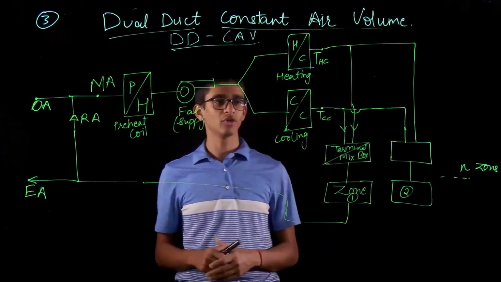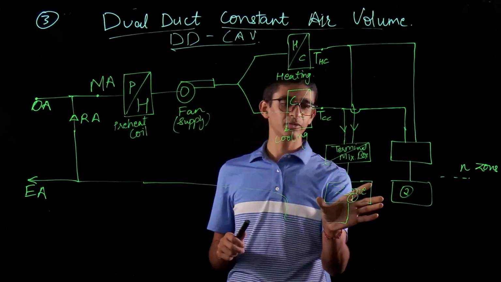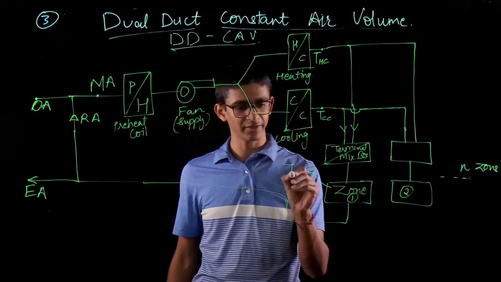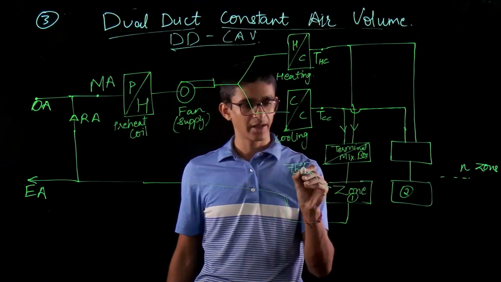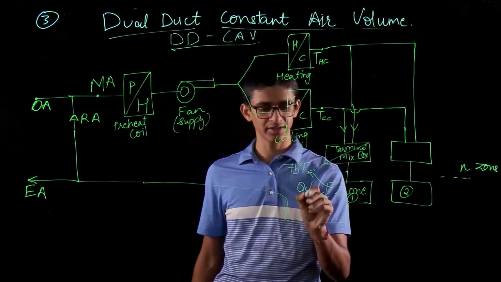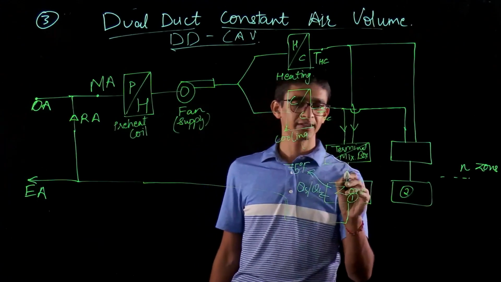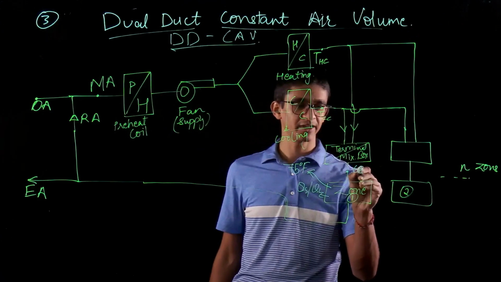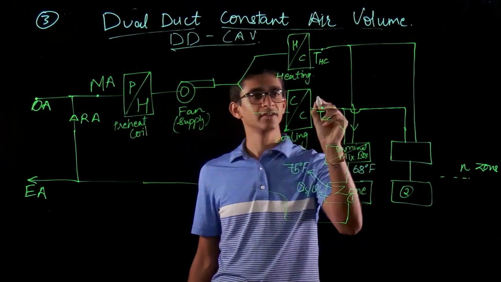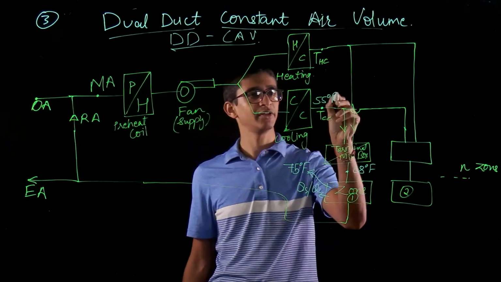In the zones, we want to maintain a temperature of, let's say, 75 degrees Fahrenheit. The supply temperature, based on the sensible load and the latent load given to us, let's say is 68 degrees Fahrenheit. My cooling coil leaving temperature is set at 55 degrees Fahrenheit.